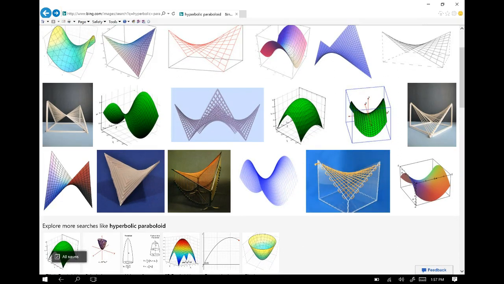What's even nicer is I can find one that we can rotate and move around, and then we can see all the different traces. How when we look at it from one side, we see a parabola that opens up, and then when I spin it, we see a parabola that opens down.